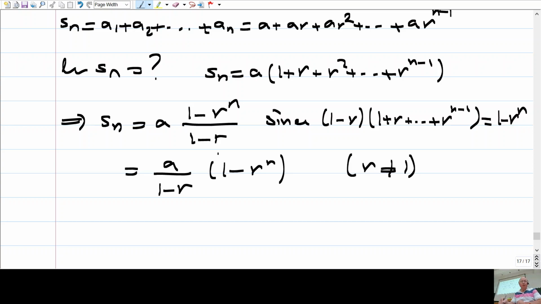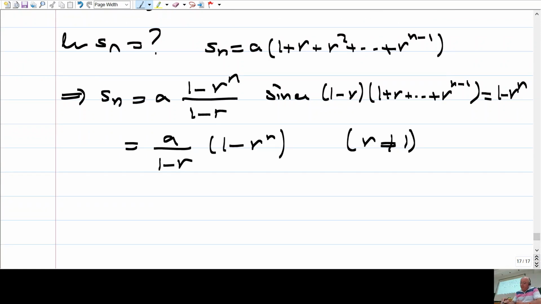But for this computation, I shouldn't let r equal 1, because then I would divide by 0. That's not allowed. All right. Then I am interested in the limit of this when I take n to infinity. Well, this term here is a real number. a is a real number, r is a real number, not equal to 1.